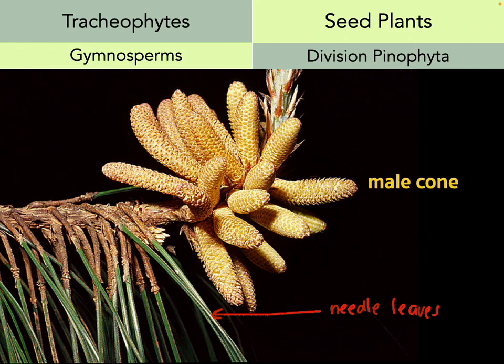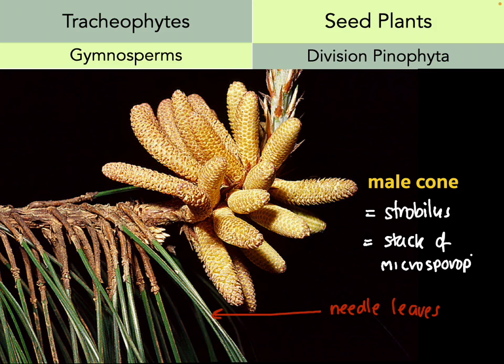So the male plant produces a male cone, which is the same thing as a strobilus. And in this case, it's a stack of microsporophylls. So again, as usual, the sporophyll, right?